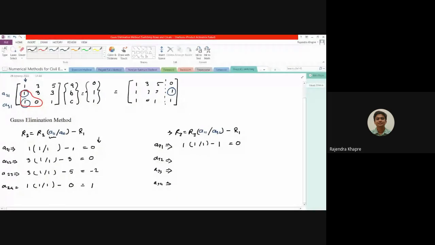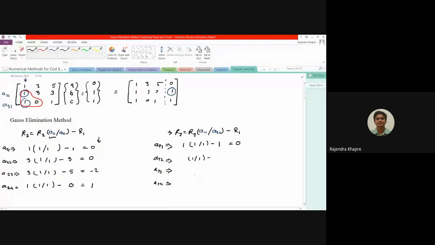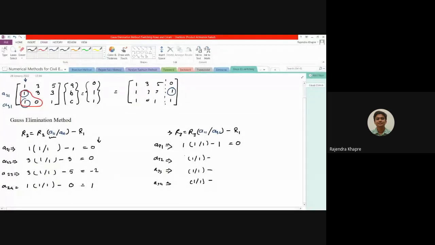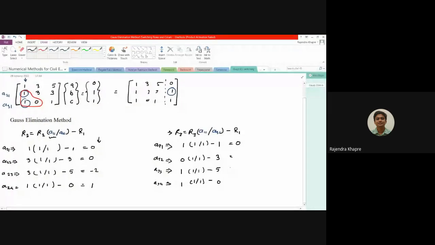So this is going to give you 0. The multiplication factor is going to remain the same, 1 by 1 minus. Now here I am going to write down the entire r3 value: 0, 1, 1, and here I write down all the r1 values, which are 1, 3, 5, and 0. So please give me the answers, someone.